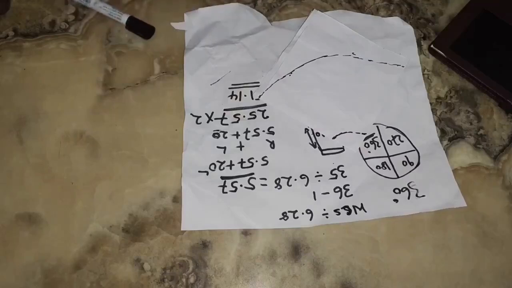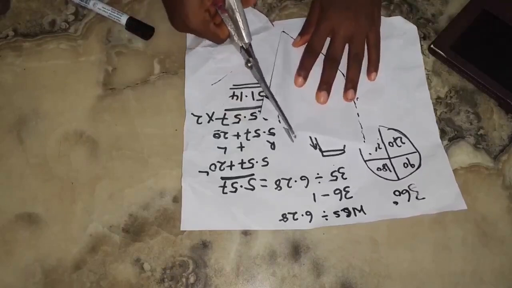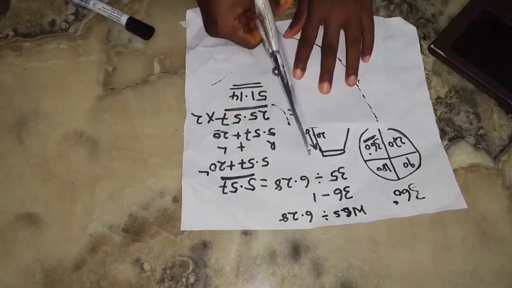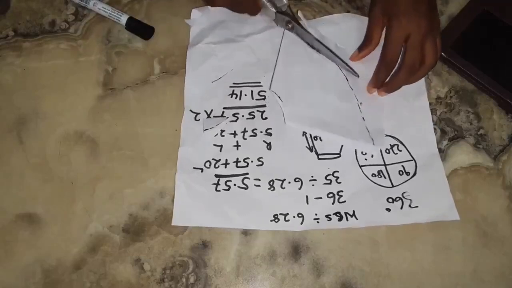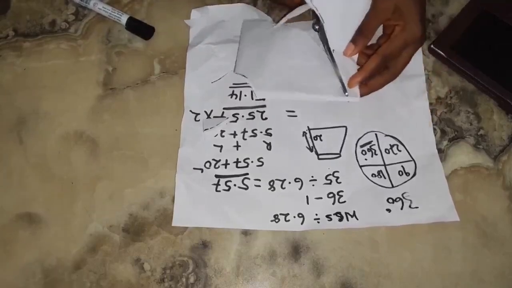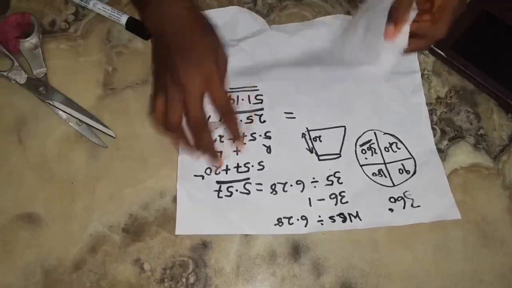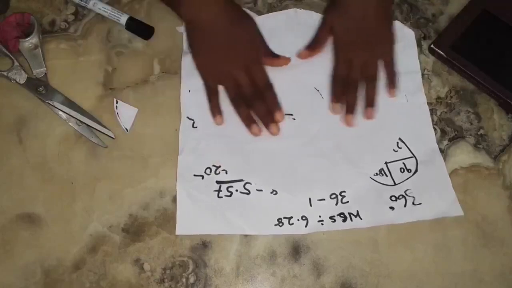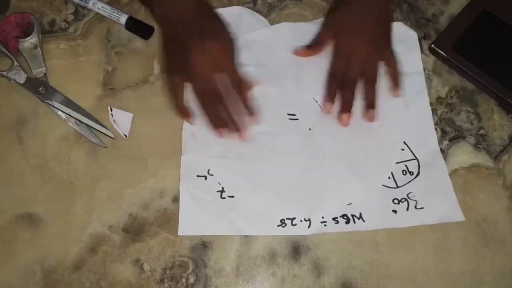So we'll cut this out now and see. You see, this is for our circle. This is the circle skirt we have cut.